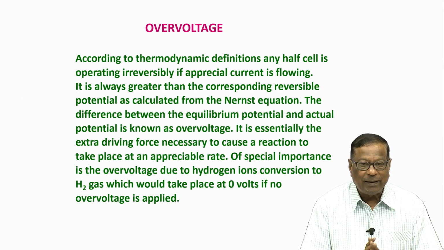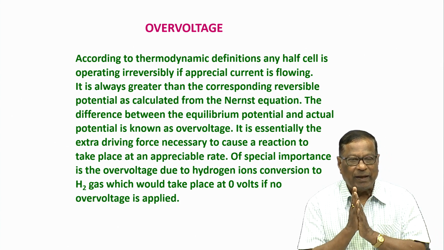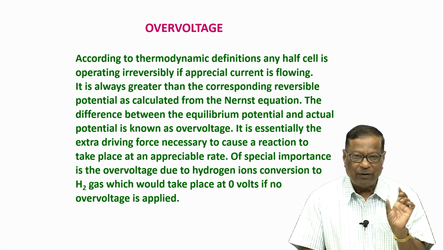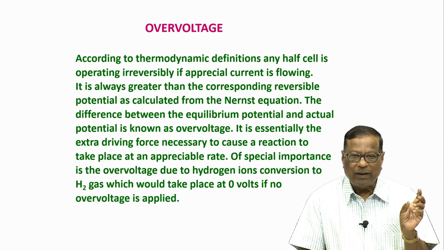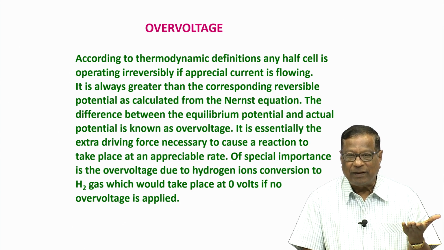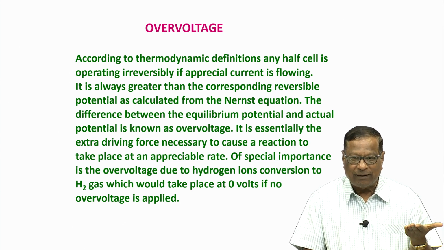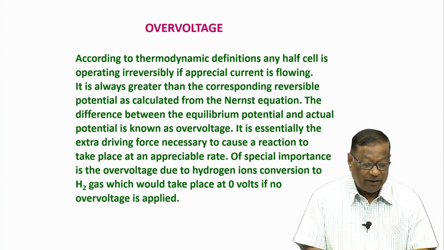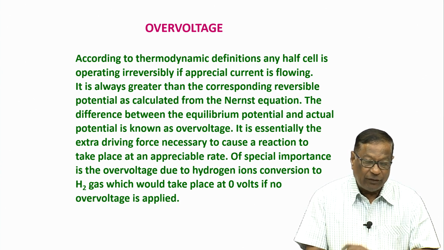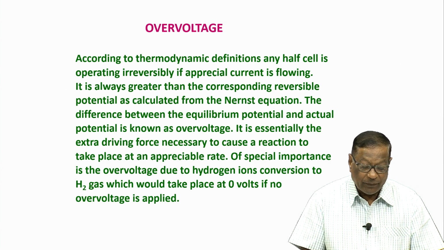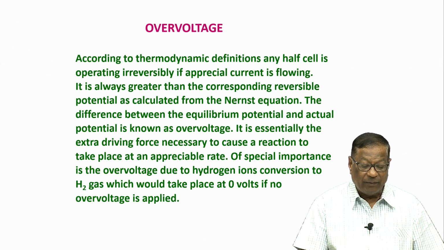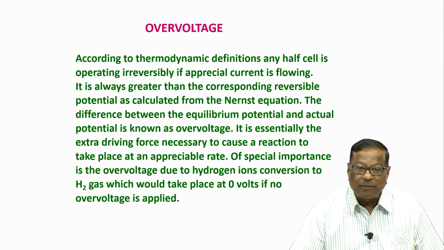Whenever we say an electrode is polarized, the quantity of voltage by which it is different is known as over voltage. It is essentially the extra driving force necessary to cause a reaction to take place at an appreciable rate.